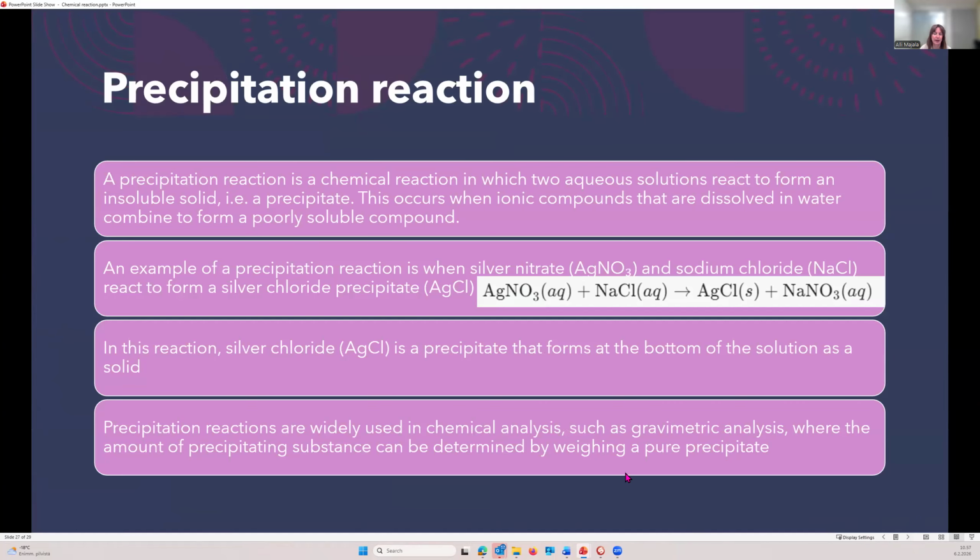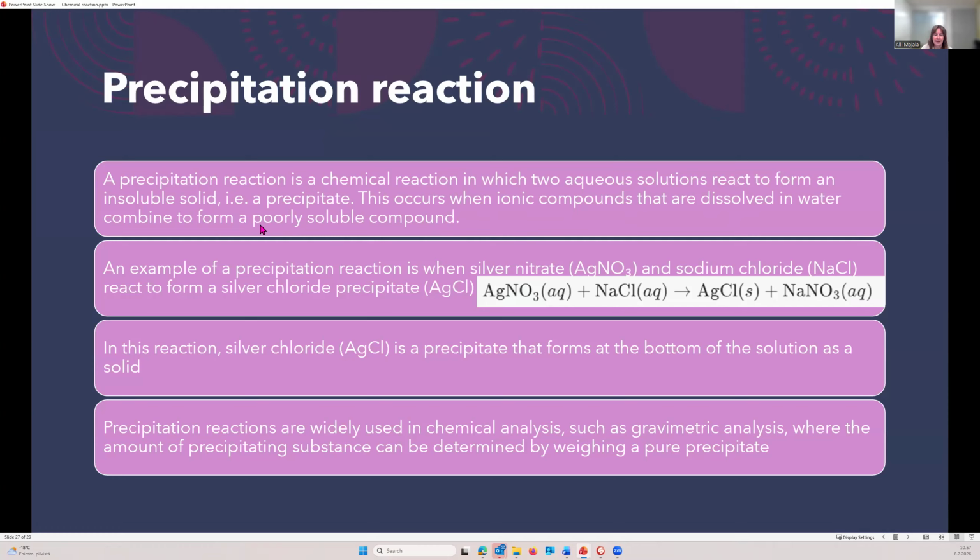Then there was still this precipitation reaction, a chemical reaction in which two aqueous solutions react to form an insoluble solid that forms a precipitate. Precipitate means that it precipitates at the bottom of the vessel. Ionic compounds that are dissolved in water combine to form a poorly soluble compound.